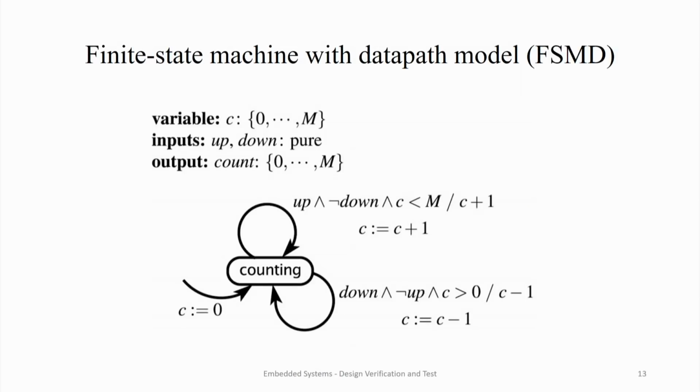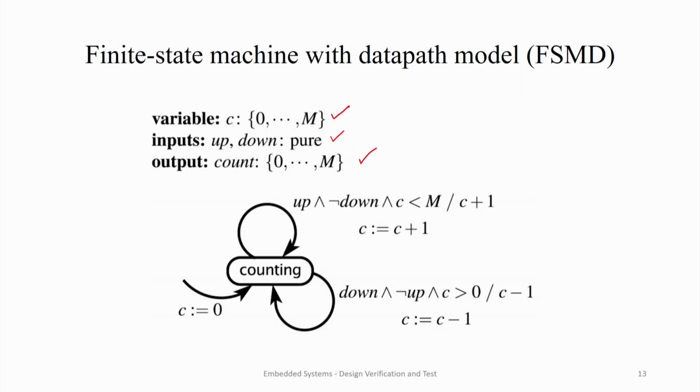By using an FSMD, with a variable. So, now we have a variable which can count from 0 to m. We have an integer variable which can count from 0 to m. We have our up and down pure inputs, which are Boolean inputs for our garage counter. We have an output count, which is again an integer.